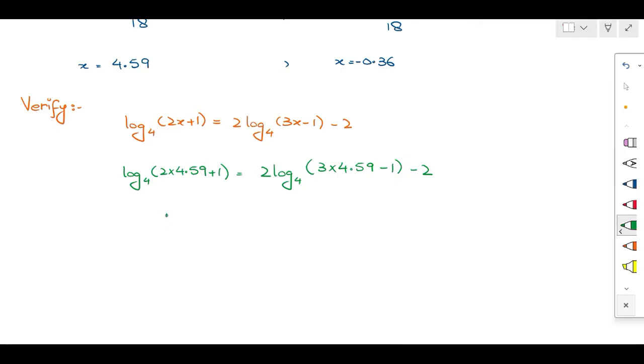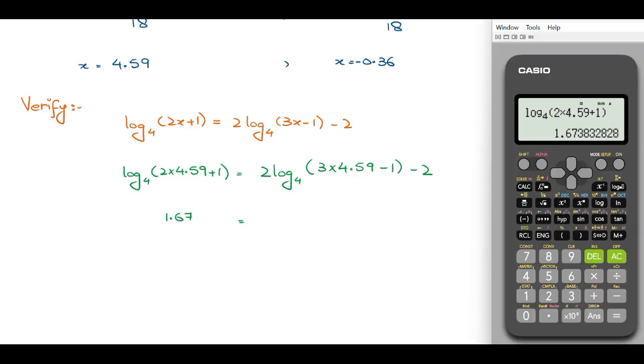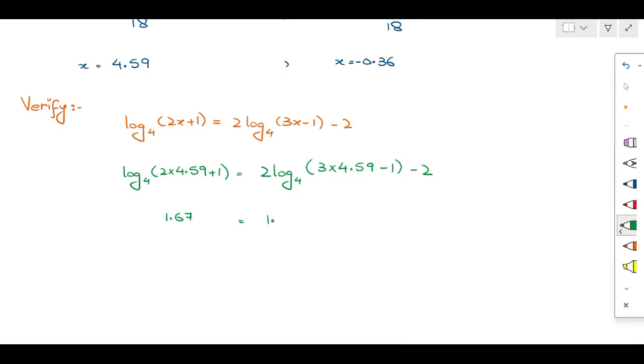Okay, this is 1.67, and that is equal to, okay, 2 times log base 4 of 3 times 4.59, subtract 1, and we have negative 2 outside, 1.67. This is verified. So it means 4.59 is the solution, right?